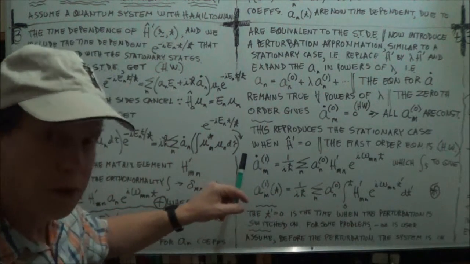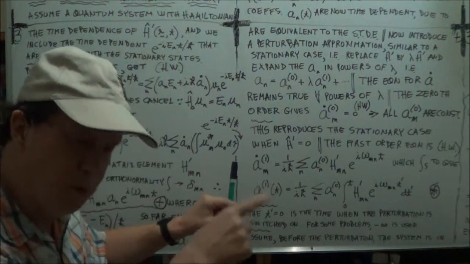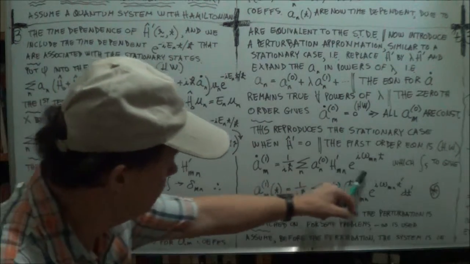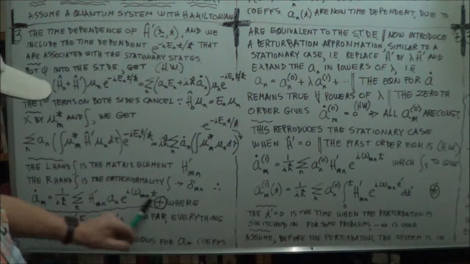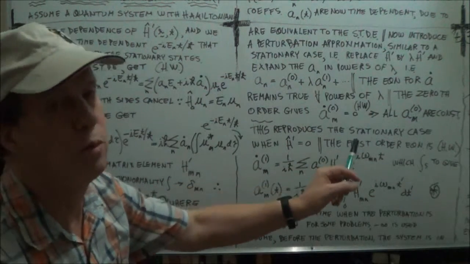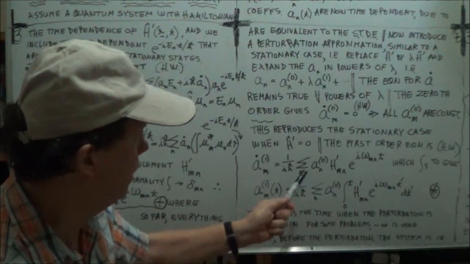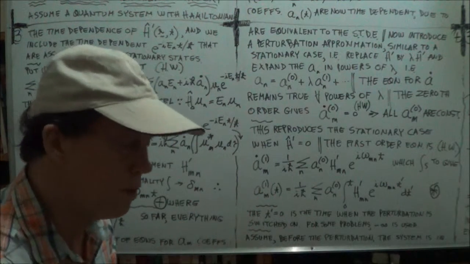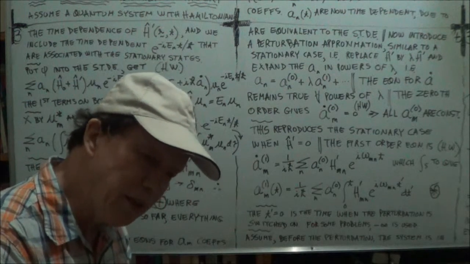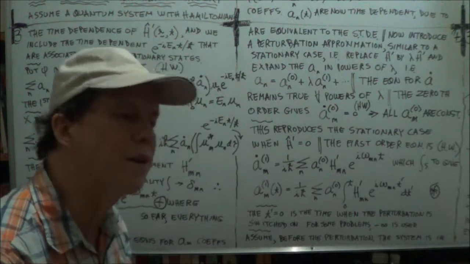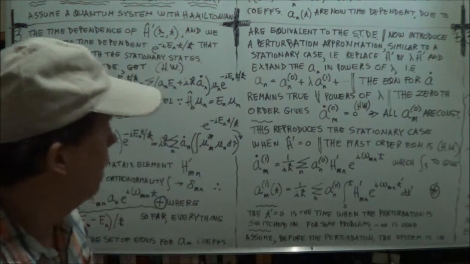You're equating the coefficient of lambda to power 1 to 0, and you'll get this, and that follows pretty readily. So do it for homework. Don't just take my word for it, or the textbook. Actually do it, so that you get that mechanical memory of calculating it, and you see where it comes from, right?